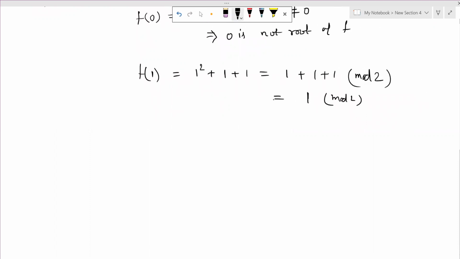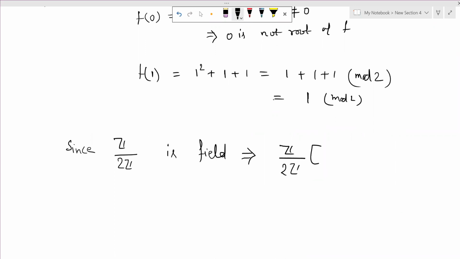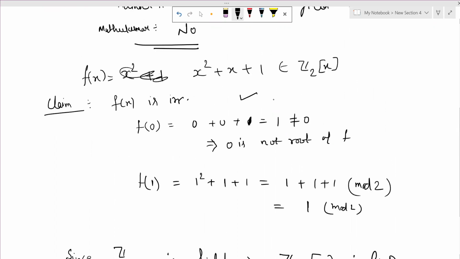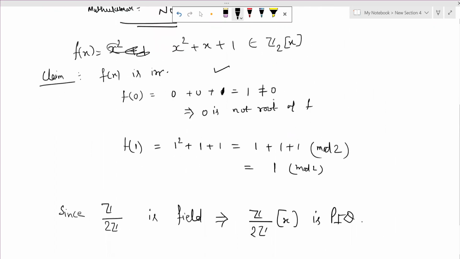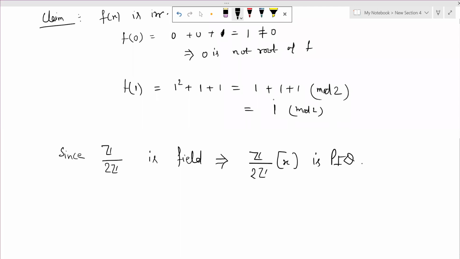Now see what's going on. Since Z mod 2Z is a field, this implies (Z mod 2Z)[x] is a PID, right? Agreed or not? Yes, sir. If F is a field, then F[x] is a PID. If this is a PID, then every irreducible polynomial will generate a maximal ideal, right?